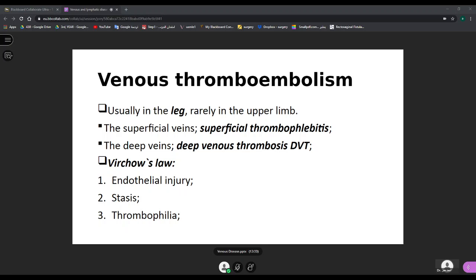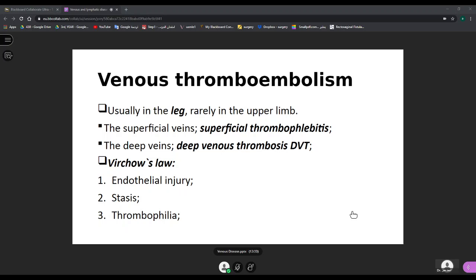Now I will move to talk about thromboembolism, venous thromboembolism, or embolization of veins. It can actually occur in the upper limb, but it mainly involves the lower limb in most of the cases.